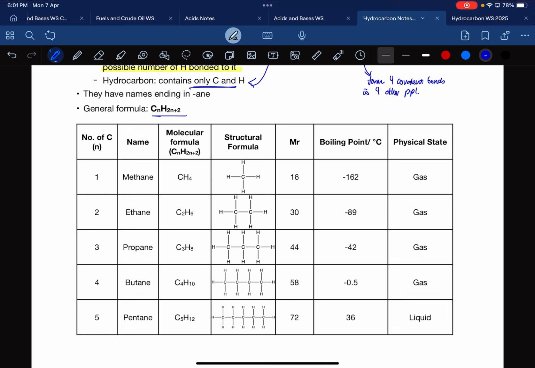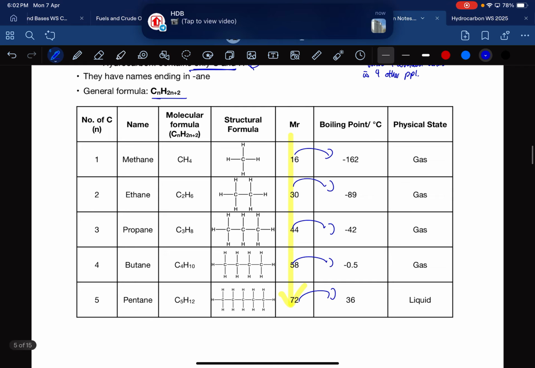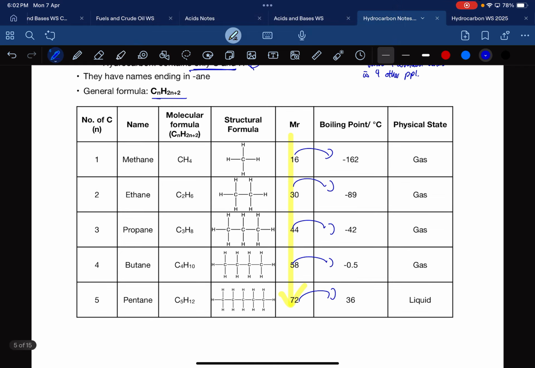The greater the Mr, the greater the boiling point as well. Your boiling point will be on a constant increase, and the physical state will also change, from gas to liquid.